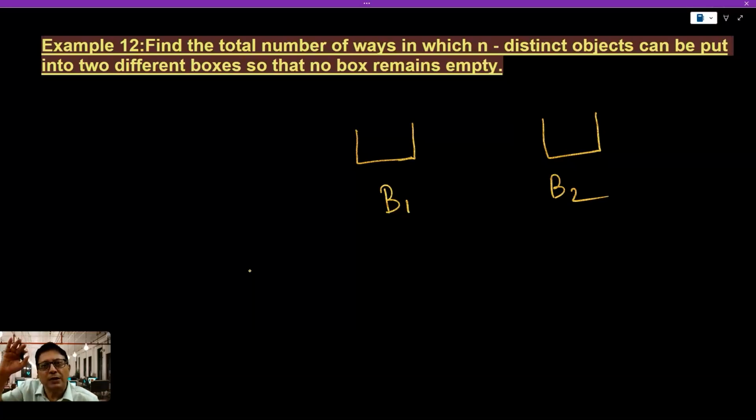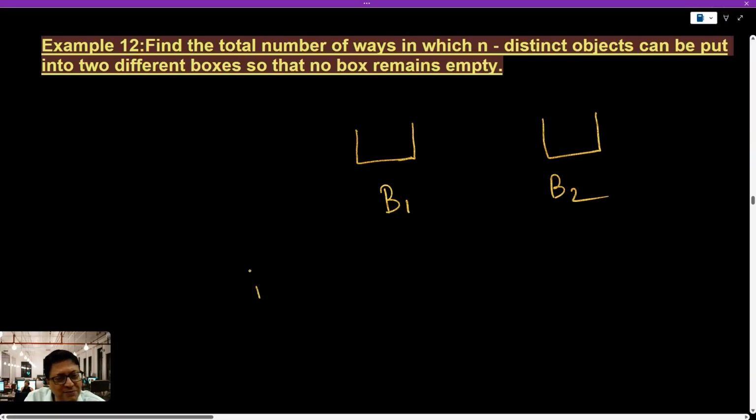So if we go by that lighting of bulbs manner, for a particular object, it has two choices, either first box or second box. Second object, either first box or second box. Third one, either first or second.